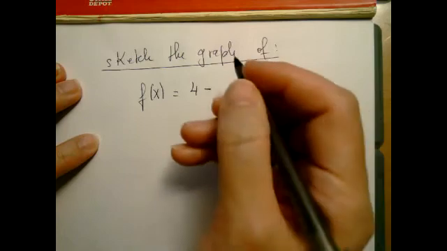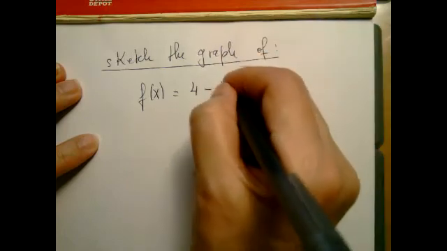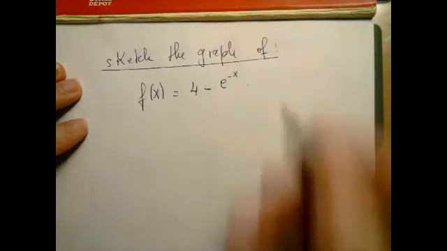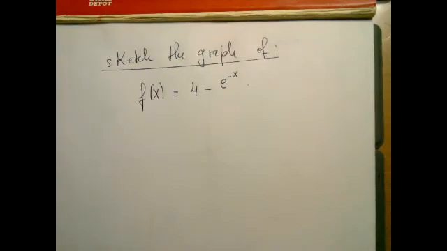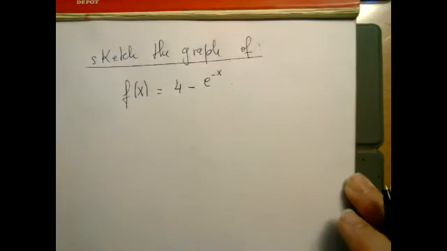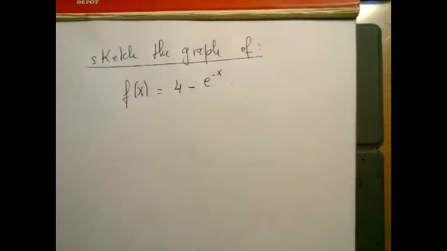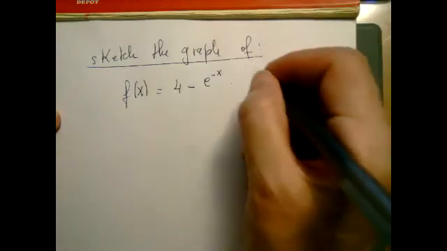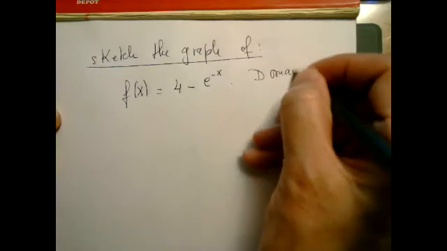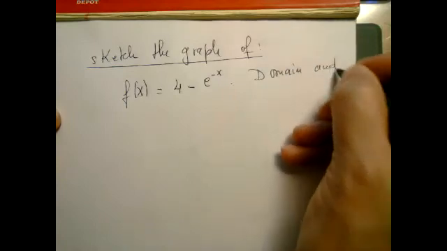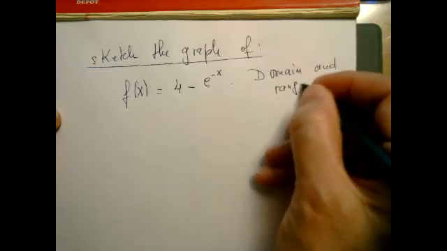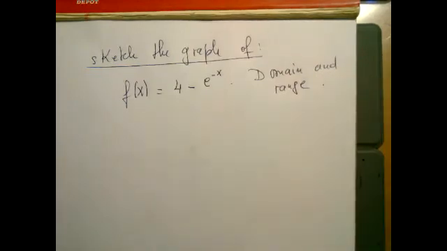It's simple actually. I'll give you 2 minutes, and then I will do it. Give me the basic sketch of the graph, and I want domain and range. Get going, not more than 2 minutes.